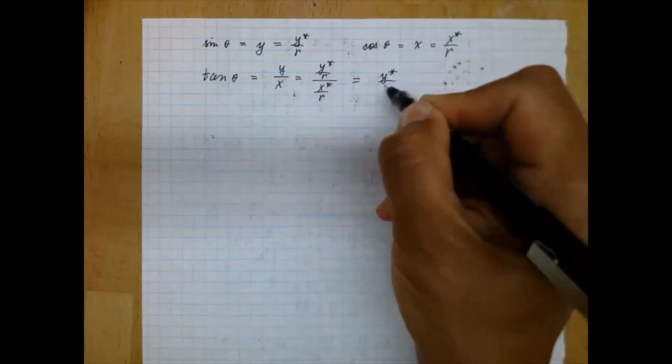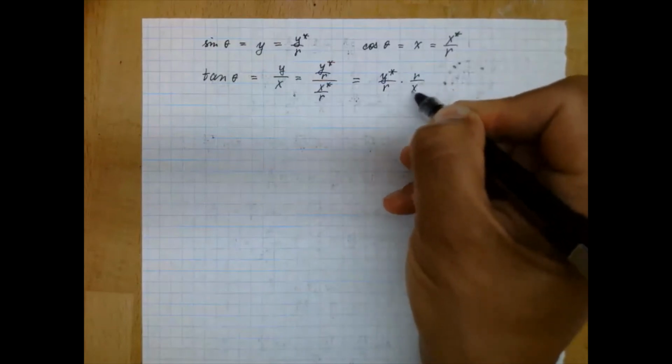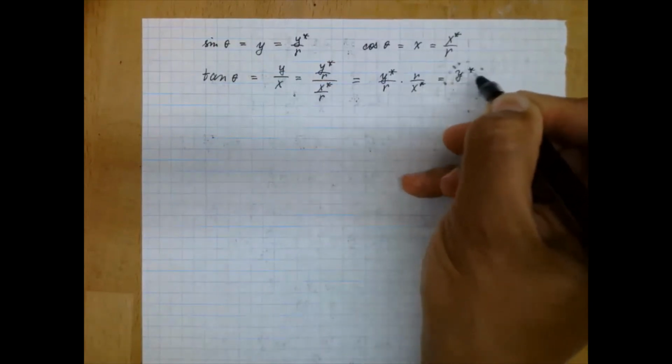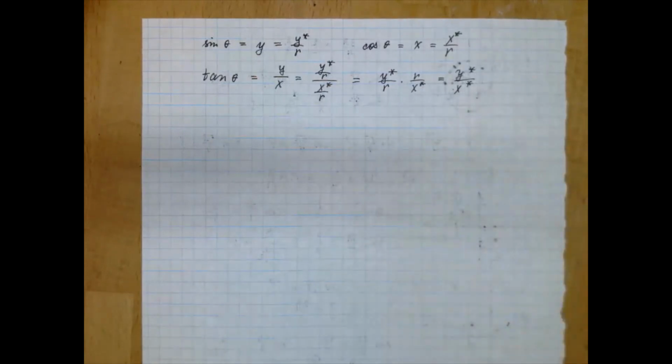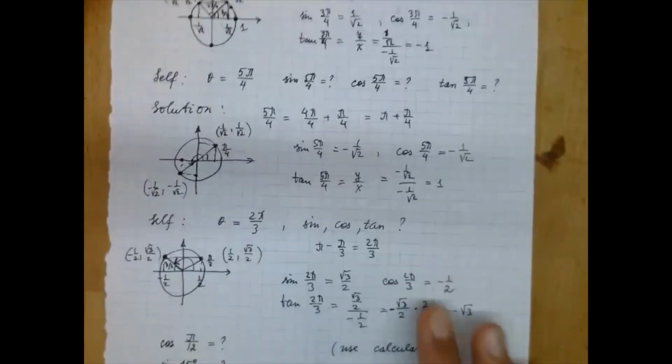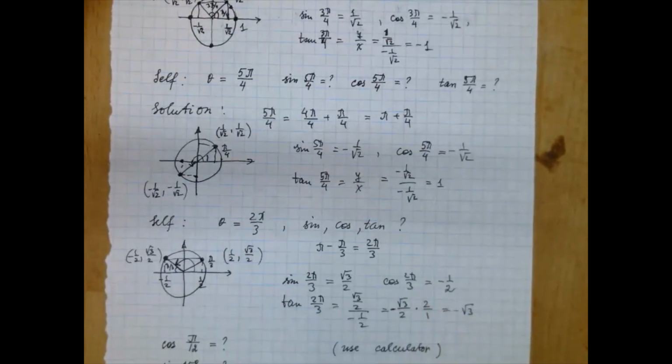Interesting that for tangent, if we simplify everything, we're going to get exactly the same formula, just for starred values. What are starred values? Let's go back. Starred values are these ones. This is x with a star and y with a star.